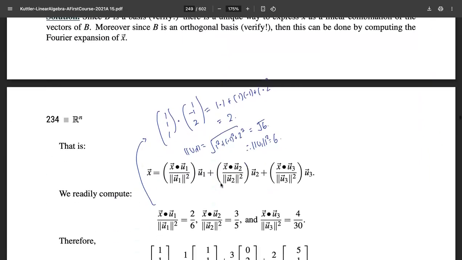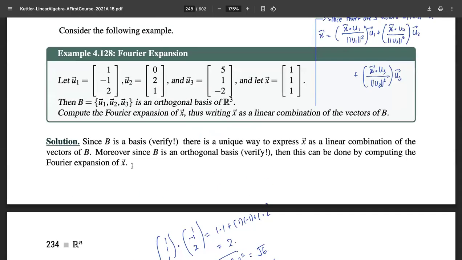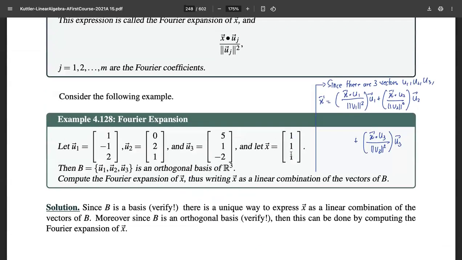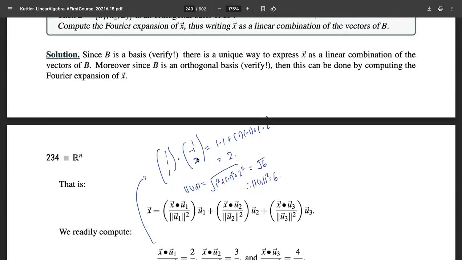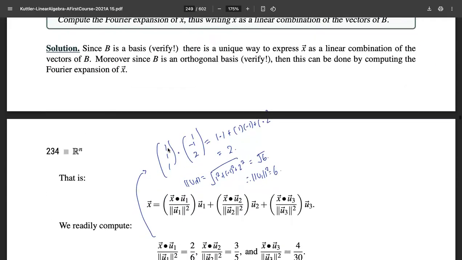You can see that's what's being done over here. All we do is copy the definitions, and then we plug in all the numbers. For example, x is given by (1, 1, 1), and u1 is given by (1, -2, 1, -1, 2). We take the dot product, which gives us 2.